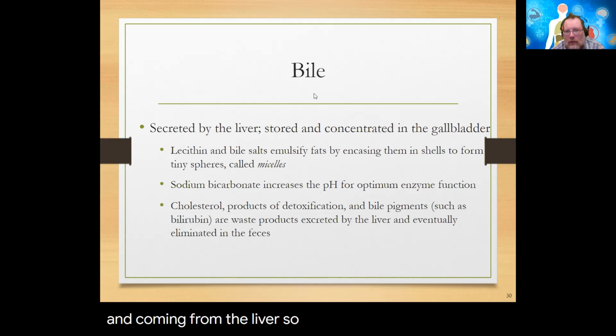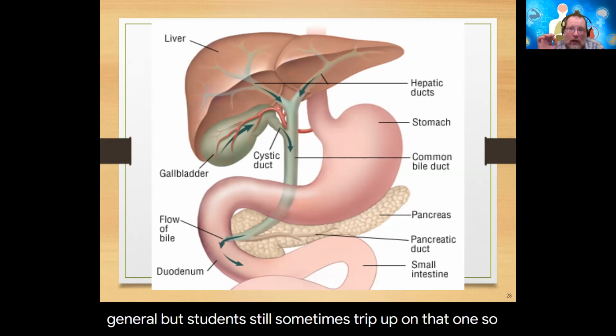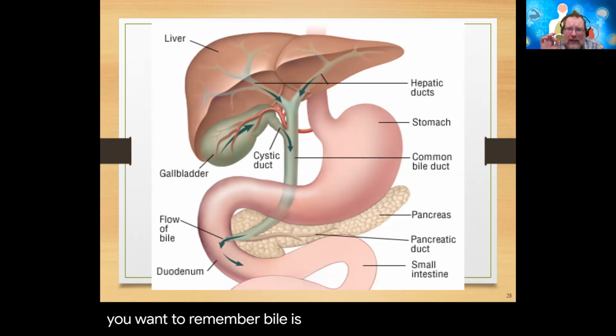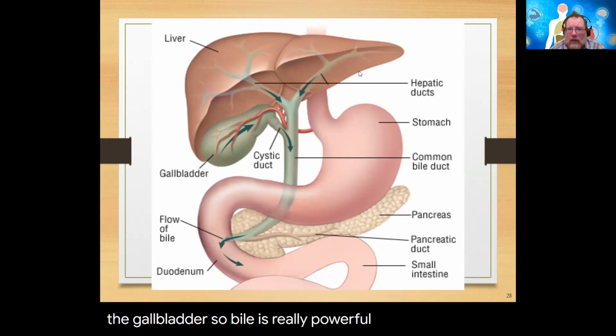Okay, so remember too, bile is secreted by the liver. Let me back up to this. So bile is produced and secreted by the liver. So we talked about it in general, but students still sometimes trip up on that one. So you want to remember bile is produced and secreted by the liver. It's stored in the gallbladder and concentrated in the gallbladder. Bile is really powerful when it's produced.